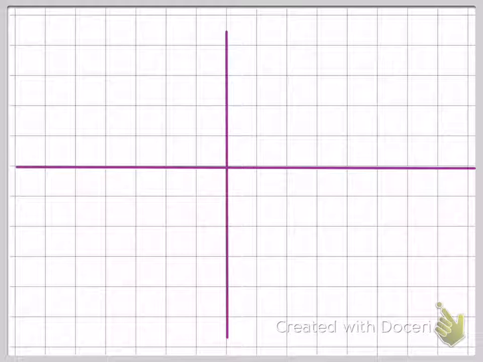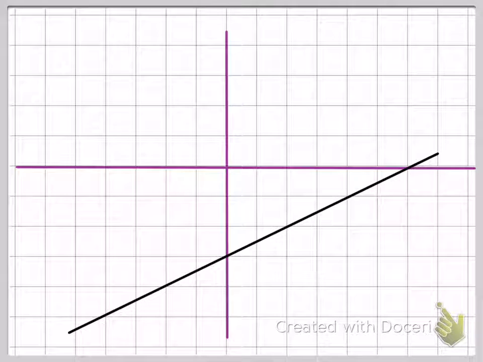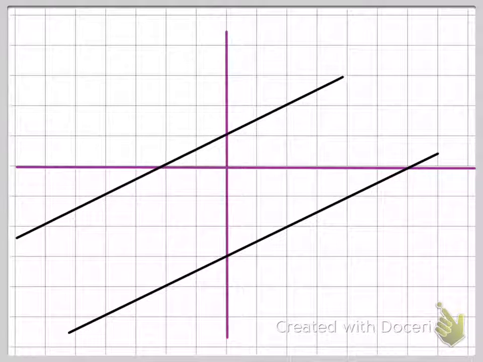So let's take a look at some lines that are parallel. If I call this line A and line B, we've done something like this before.